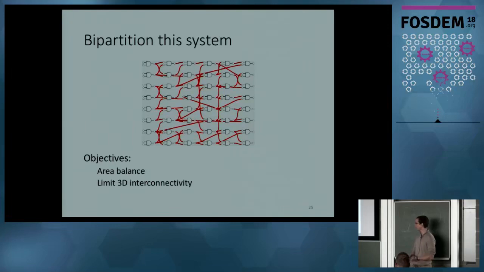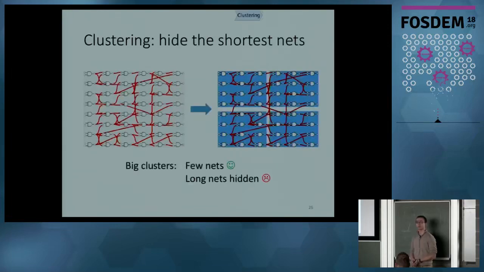Okay, to do that, first, we actually need to cluster the design, not directly partition it. We first cluster. Why? Because, well, earlier I told you that we want to reduce the wire length. So if we just keep the design as is on the left, we may just cut some really short wires.